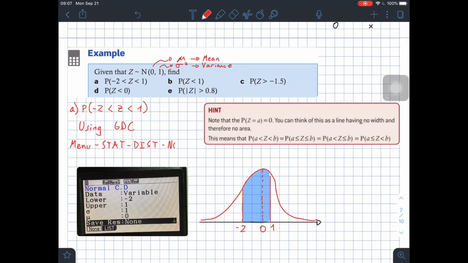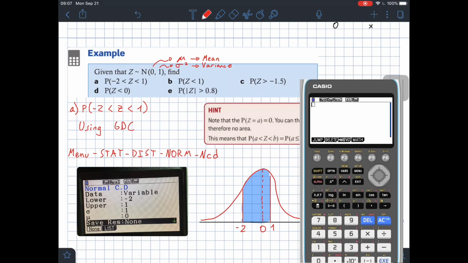Actually, this is like this, norm. If I take this a little bit down, and we're going to click on NCD, and I'm going to show you the difference right now. Okay, so let me show you this in the calculator.